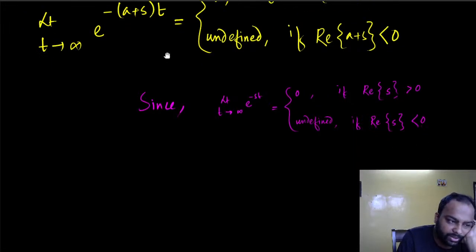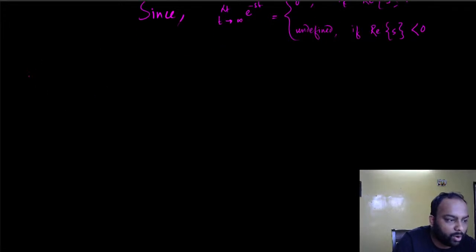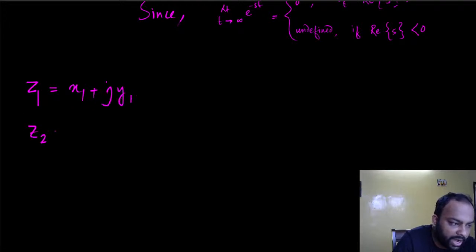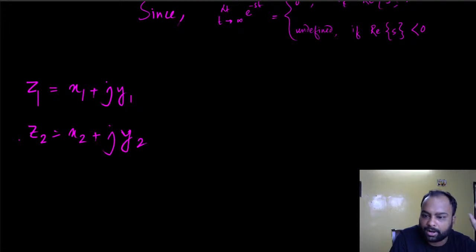All right. So now let's go back to something very important. Say we have two complex numbers, z1, which is x1 plus jy1, and z2, which is x2 plus jy2. x1 is the real part of the first number, x2 is the real part of the second number, y1 is the imaginary part of the first number, y2 is the imaginary part of the second number.